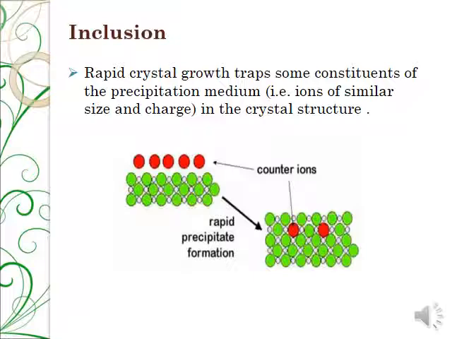Okay, during the formation of precipitate, especially rapid formation, it has the tendency of trapping ions which are not supposed to be in the precipitate, but are similar in terms of size and charge to the precipitate, like in this case here. Okay, so they are trapped together. Okay, so these are called inclusion. So this normally comes from the secondary layer or the counter layer.